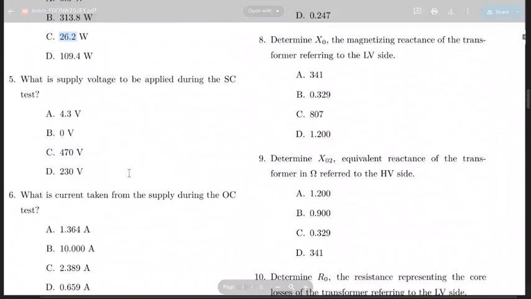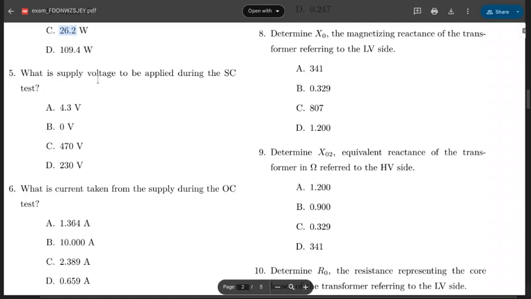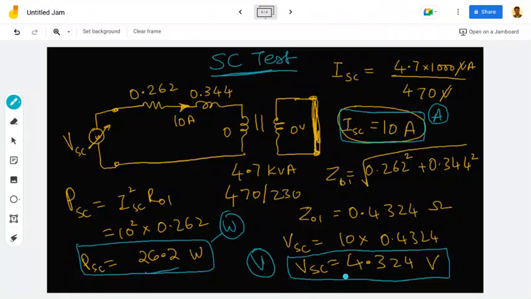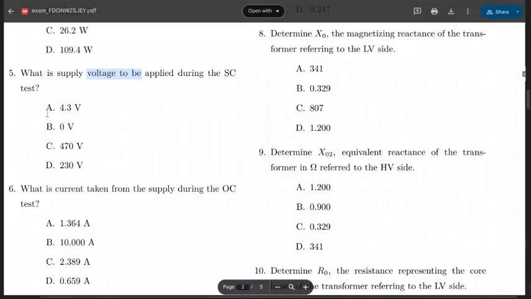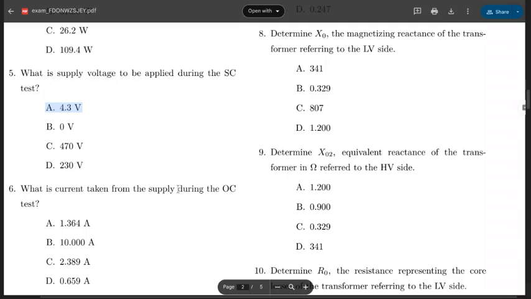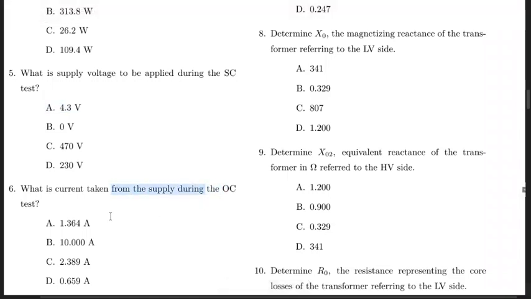What is the supply voltage applied during the short circuit test? During the short circuit, it is 4.324, so the answer is A. And finally, what is the current taken from the supply during the open circuit test?